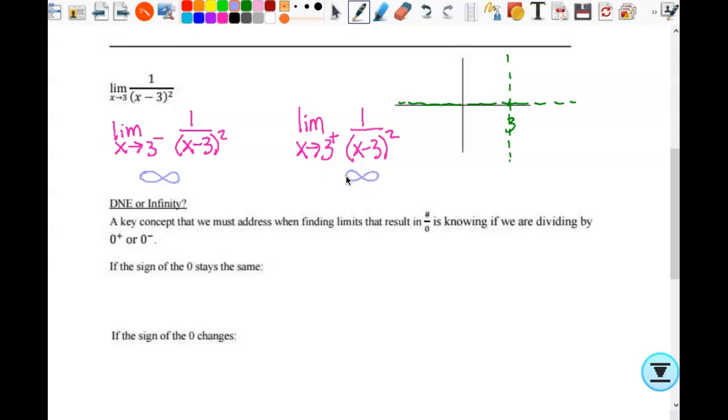So that means on either side of this, it has to look like this. My function looks like this, because I can't have any negative y values because I squared everything. So then, does the left equal the right? Yes, even though technically infinities don't equal. But overall, my limit is infinity.